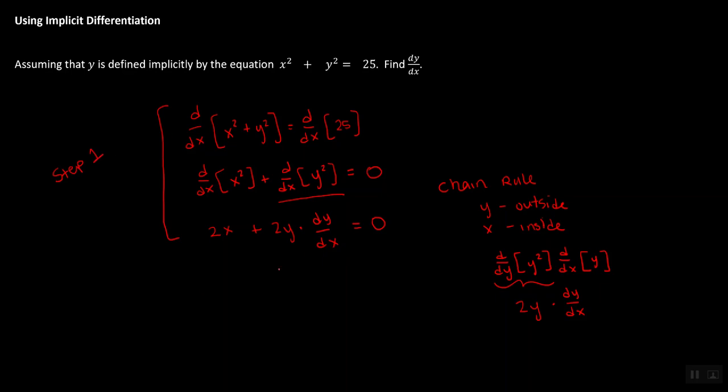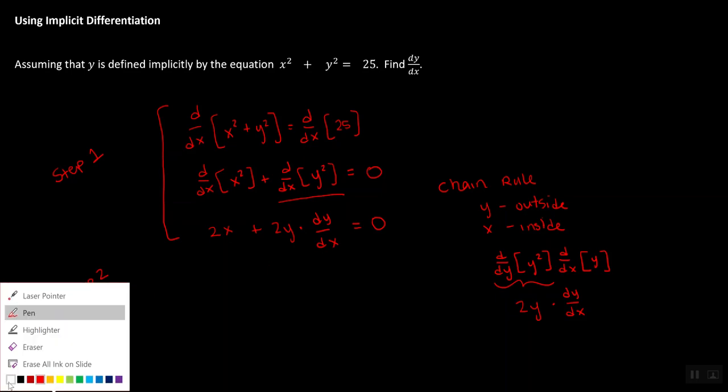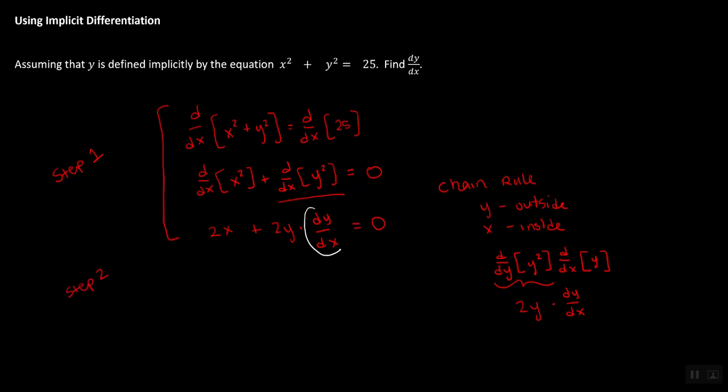Step 2 is isolate the dy/dx term. To do this, first we want to make sure we know where the dy/dx terms appear. And then we want to move everything away from it.